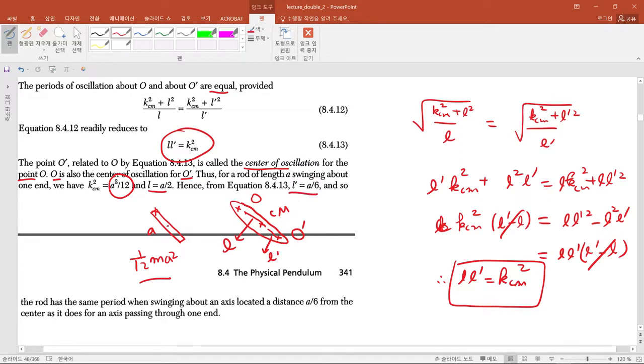Let's magnify this. This one is a over 2, and if it is rotating about this center of oscillation for O, its distance is a over 6. So oscillation about this axis and oscillation about this axis give you the same period.